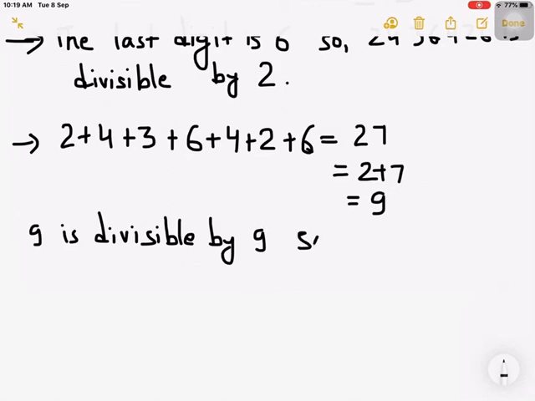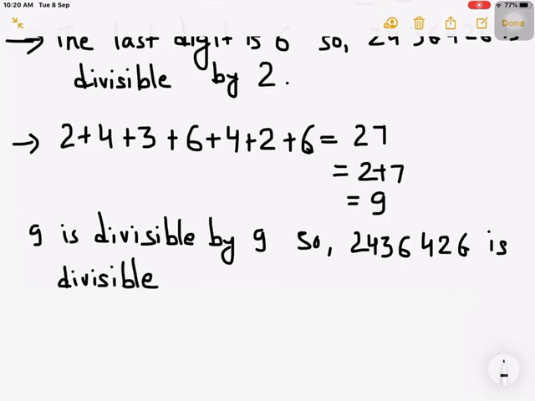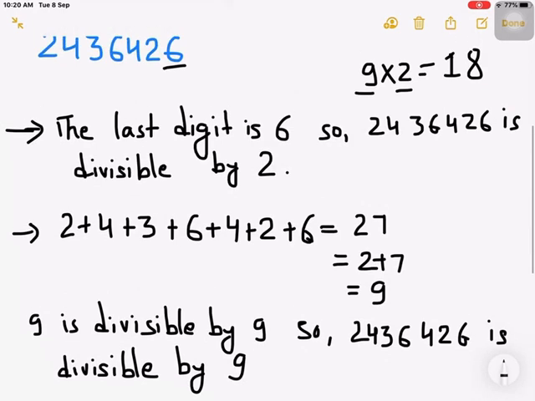So the number 2436426 is divisible by 9. Now see, it met the condition that it is divisible by 2 and 9.